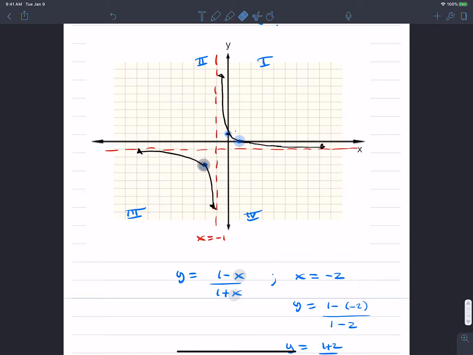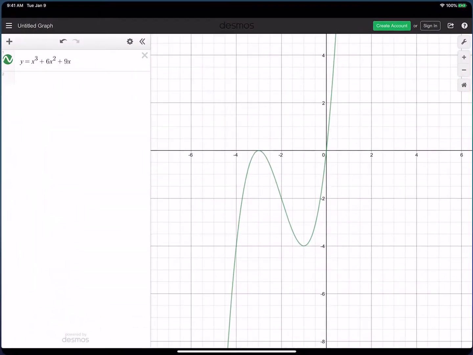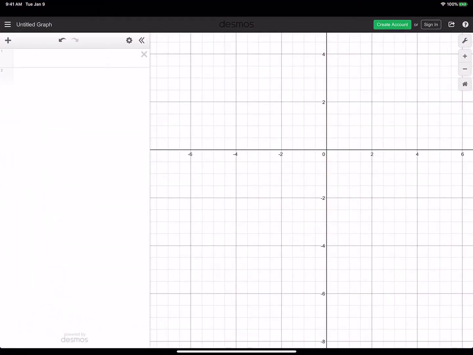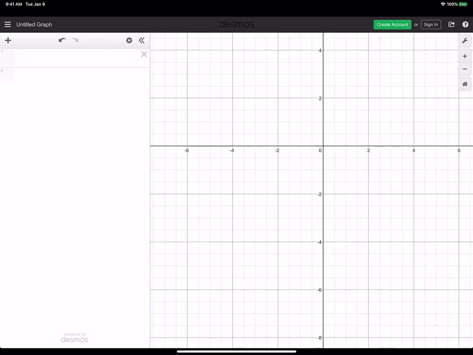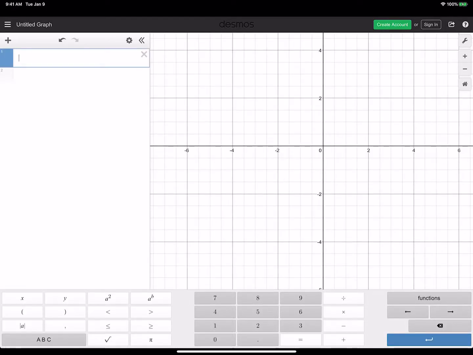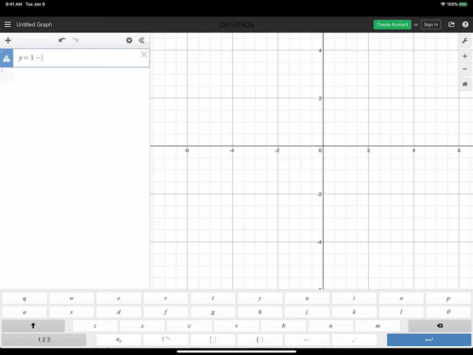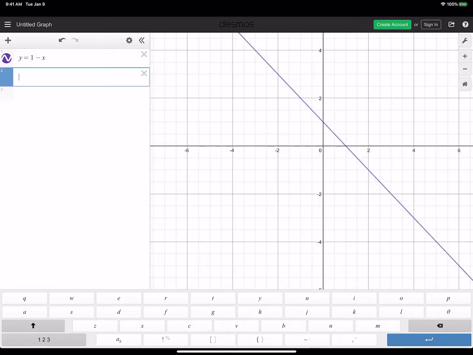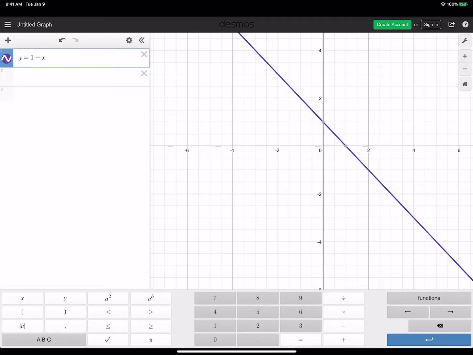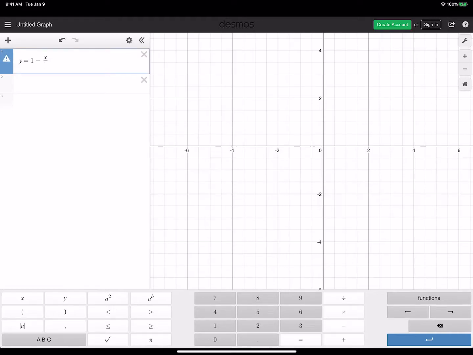Now, let's double check here. What was that curve again? Y equals 1 minus x. Is that right? Sorry. Let's go back here. Here's what we're going to do.